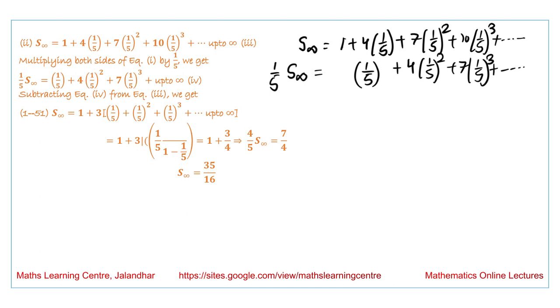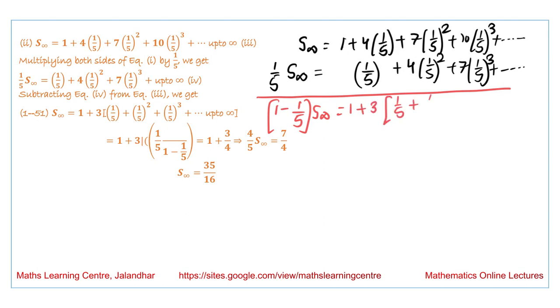and so on up to infinity. Now if we subtract these values, we get 1 minus 1 by 5 into S infinity equal to 1 plus 3 into 1 by 5, 1 by 5 square, and so on up to infinity, minus 1 by 5.